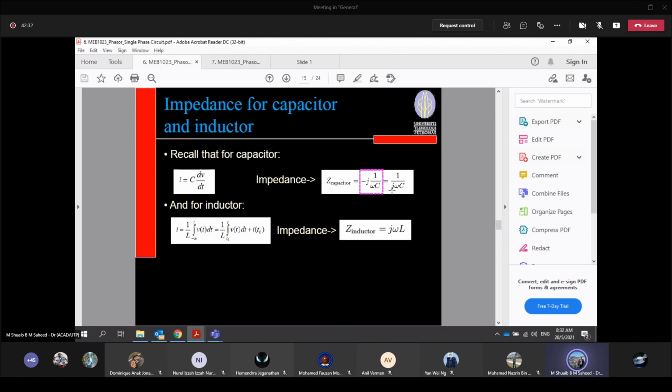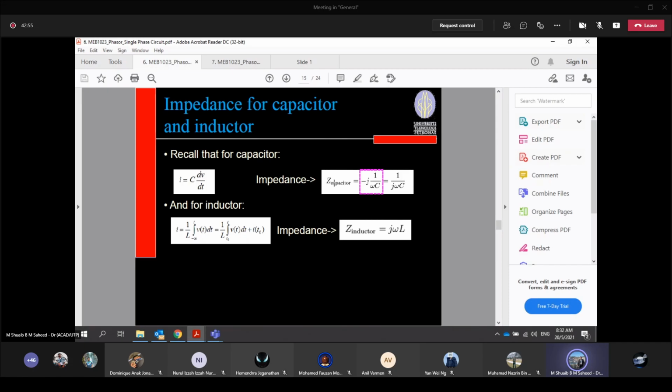What is omega? 2 pi f. What is C? The capacitance value of that capacitor. For the inductive reactance, XL will be j omega L. What is L? The inductance value.